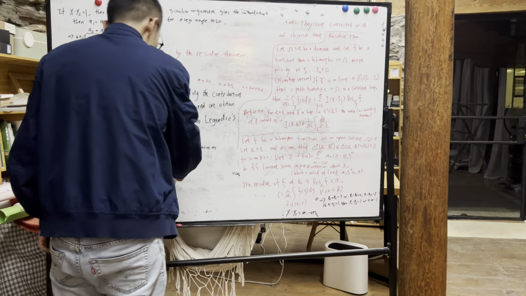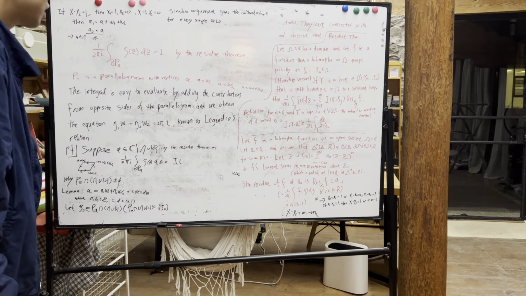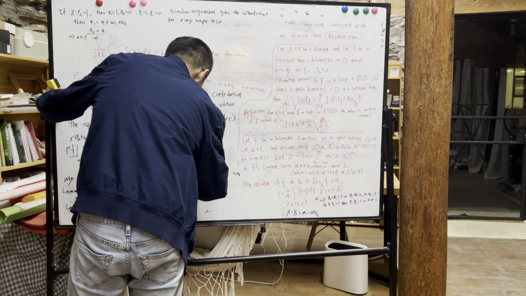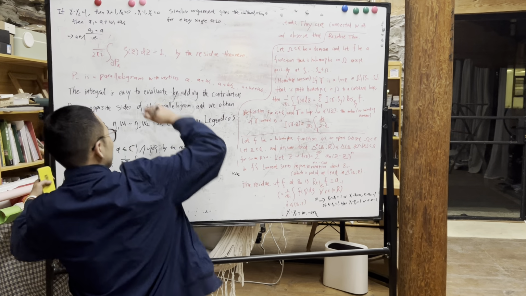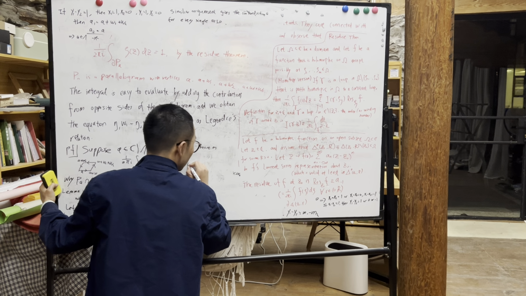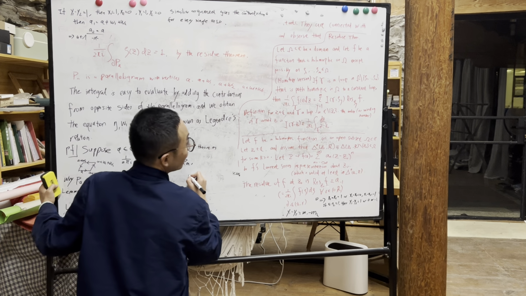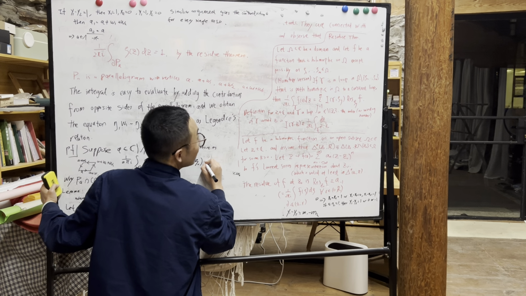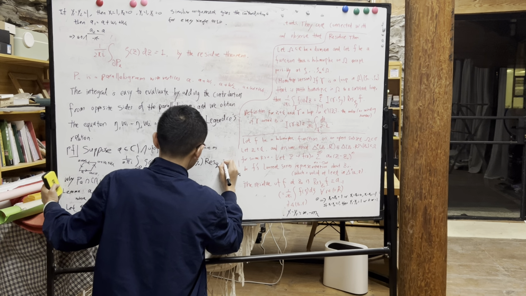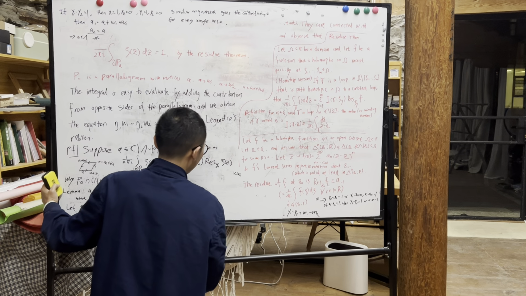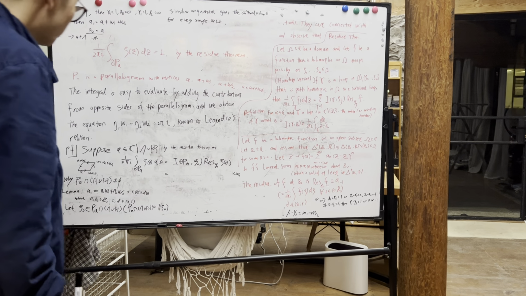And then this is equal to the winding number of gamma, which is the boundary of PA, around zeta naught, times the residue at zeta naught of this zeta function. So then what is the winding number?